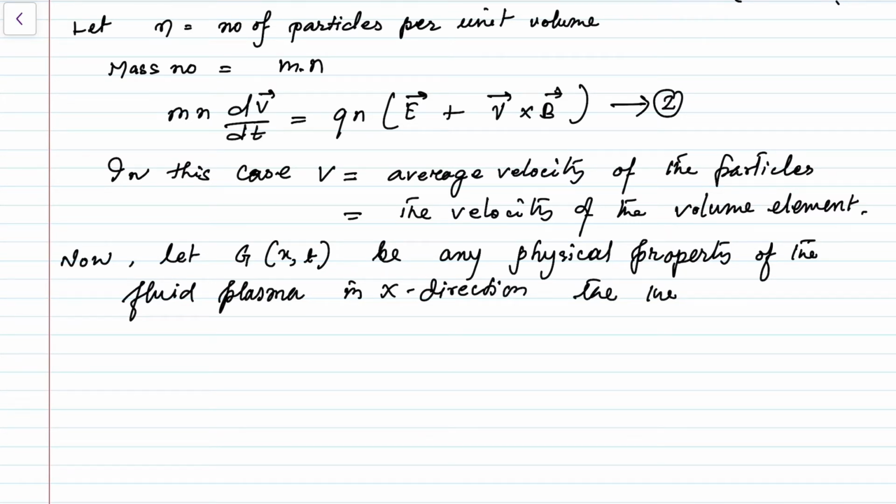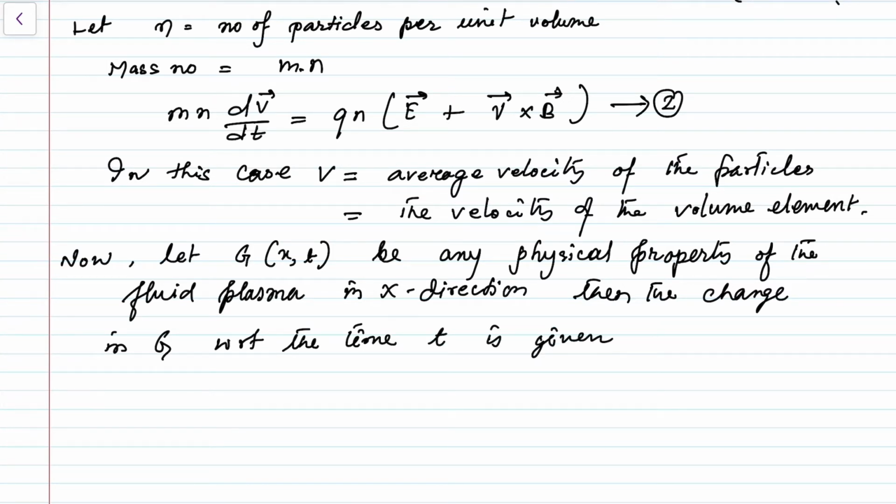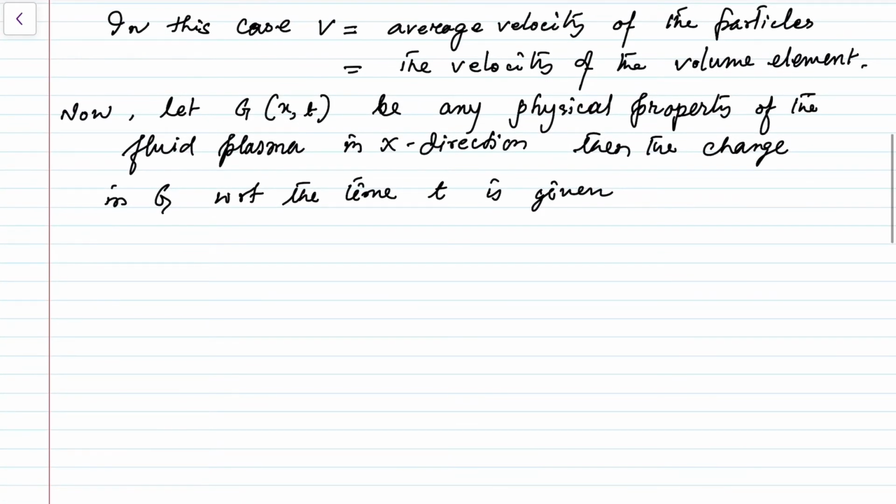Then the change in z with respect to time t is given by dz by dt equal to del z by del t plus del z by del x times del x by del t.